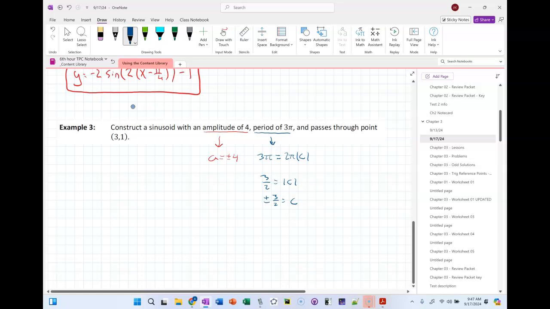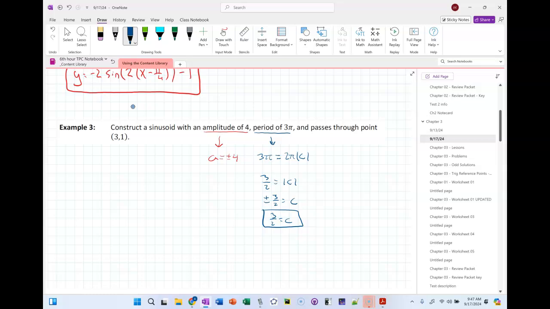So I have my c is plus or minus 3 over 2, but we always pick c to be positive. Again, you don't have to do that, but just take my word for it. It's like the simplest way of doing these is to just pick the c to be positive.